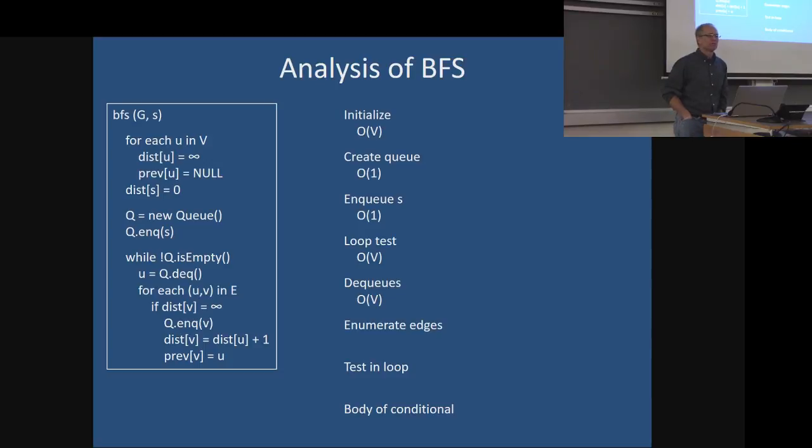If we've got an adjacency matrix, it's V squared. Adjacency list, it's E plus V. So those answers were right, just not general enough. So we'll say the cost of enumerating the edges is whatever the cost of enumerating the edges is, and later on we'll plug in the specific representation.